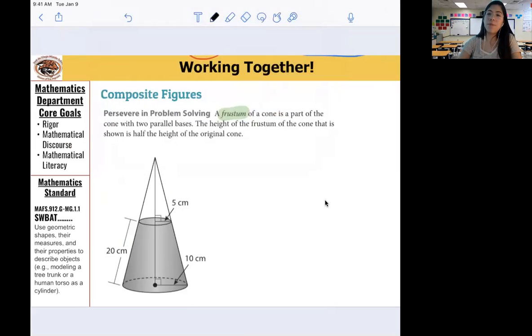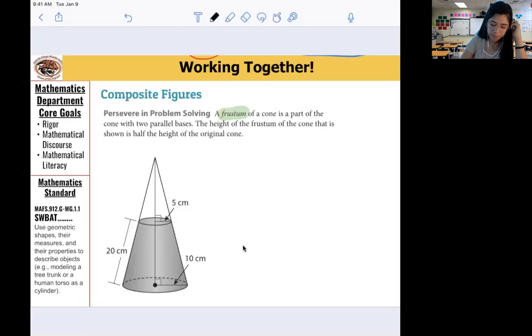Okay, so the frustrum is made up of basically three parts, right? It has an upper circle, it has a lower circle, and then it has the lateral area. So there's basically like three parts to it.